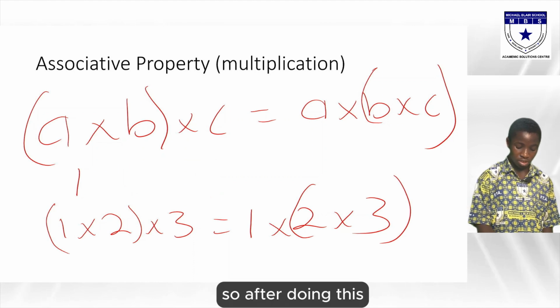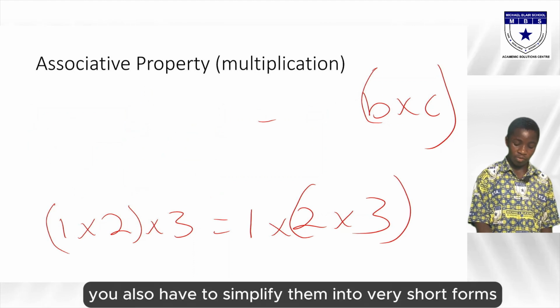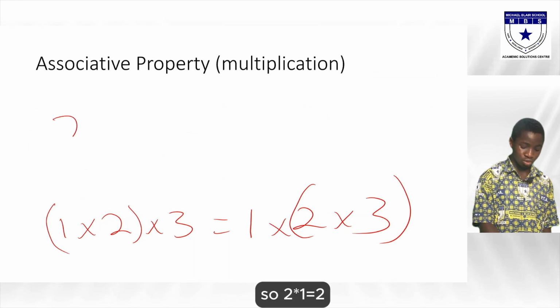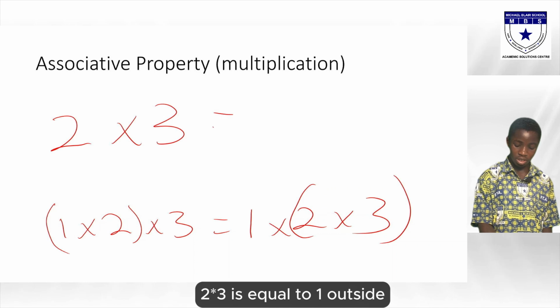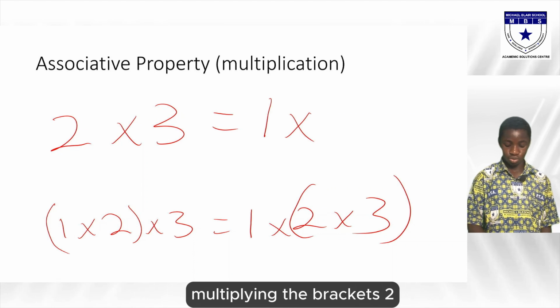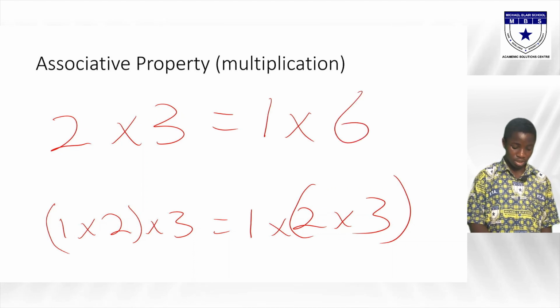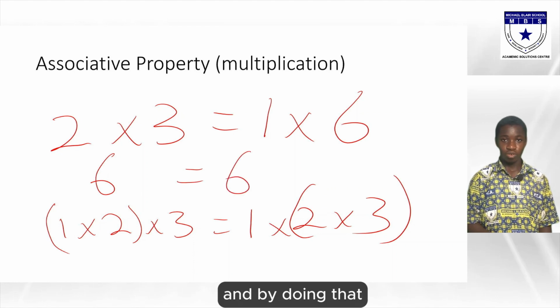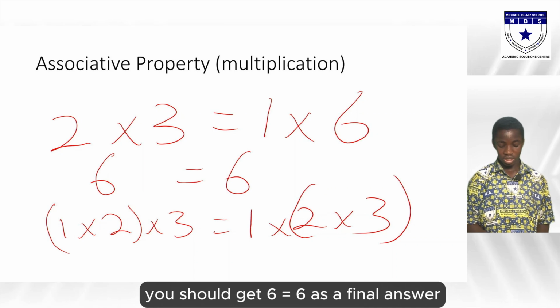After doing this, you also have to simplify them into very short forms. So 1 times 2 is 2, 2 times 3 is 6. Then 1 outside multiplying the bracket 2 times 3, which is 6. So you get 6 equals 6 as a final answer.